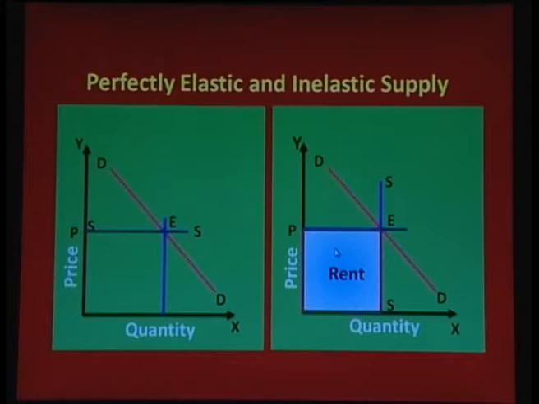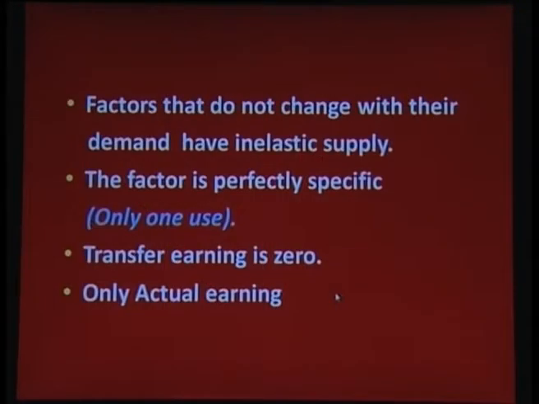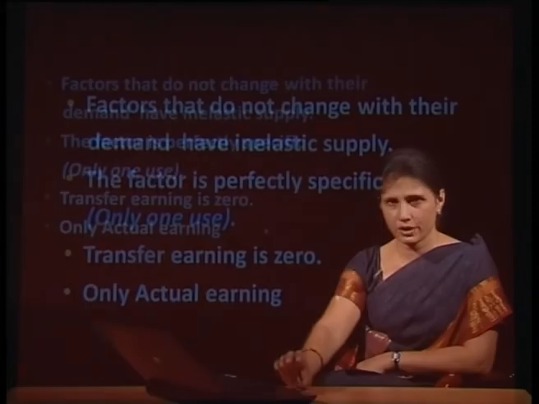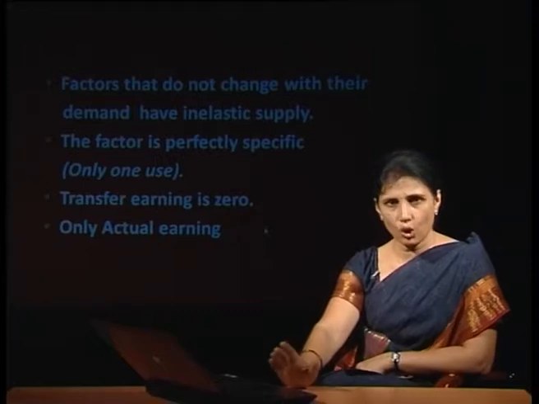So, this rent is coming out of actual earning and transfer earning is 0. That is why this entire square or this entire space is showing rent, and this is the economic rent. So, now we can say that factors that do not change with their demand have inelastic supply, or maybe because they are so specific, their demand remains constant.